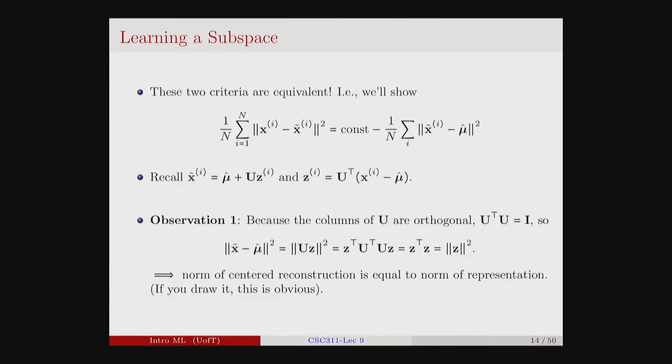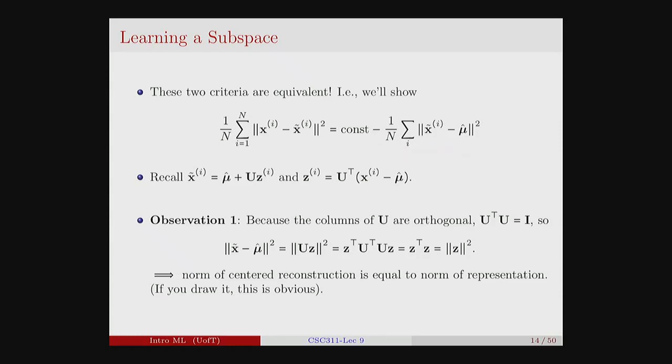And so it turns out that both these two criteria are equivalent. What we're going to do now is show you that the cost function corresponding to minimizing reconstruction error is the same as the cost function corresponding to maximizing the variance of the reconstructions.